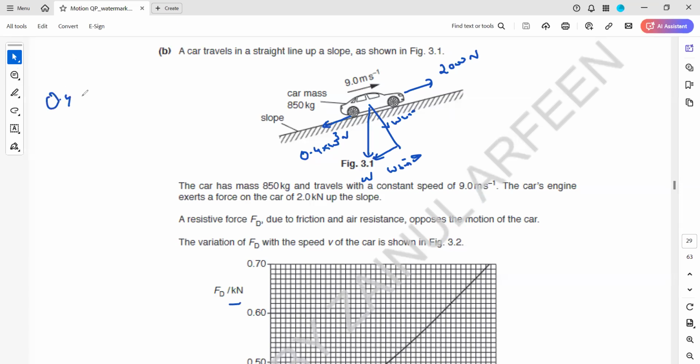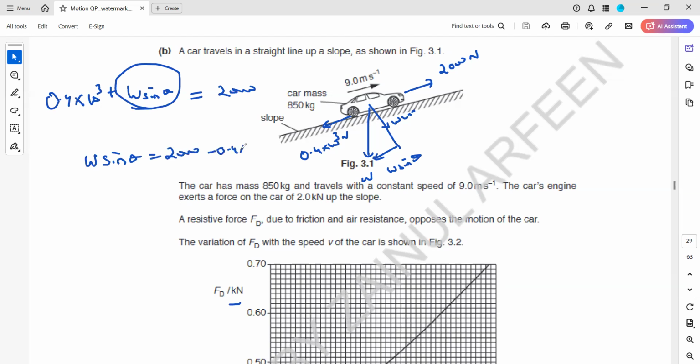So 0.4 into 10 to the power 3 plus W sine theta equals 2000. If I need the component of the weight, W sine theta equals 2000 minus 0.4 into 10 to the power 3.